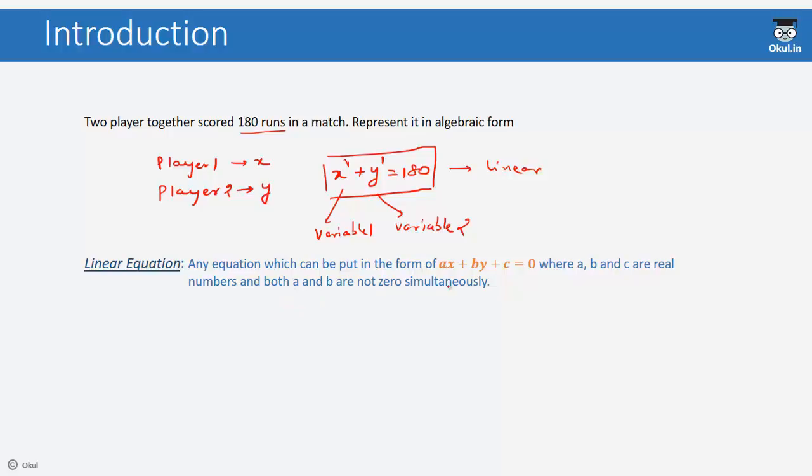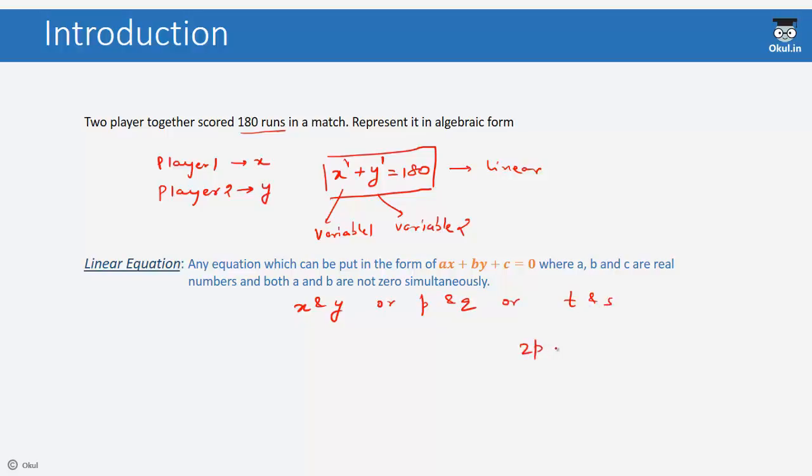Now the point to be noted here is that a linear equation can be represented by variables such as x and y, or p and q, or t and s.